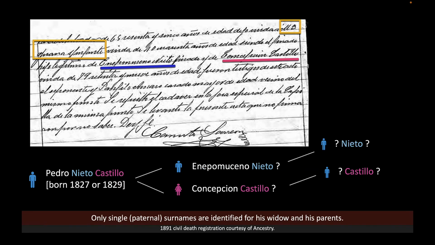We do, however, and fortunately, learn the name of Pedro's parents from this same record. This is the bottom section of Pedro's 1891 Mexican civil death registration. There's several family names here that we'll walk through. In the yellow rectangular frame up top, we see the name of Pedro's surviving widow, Maria Juana Infante.